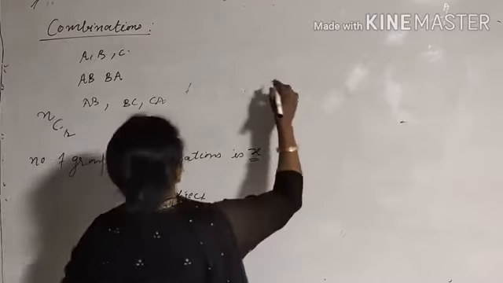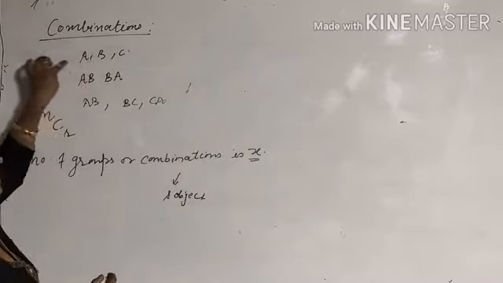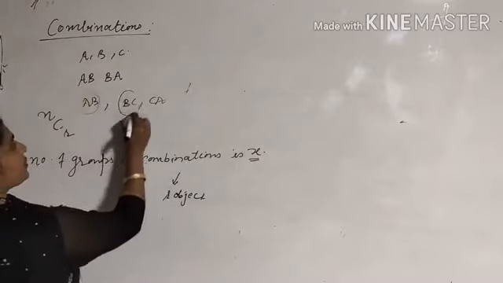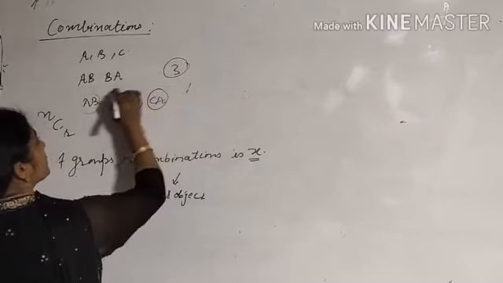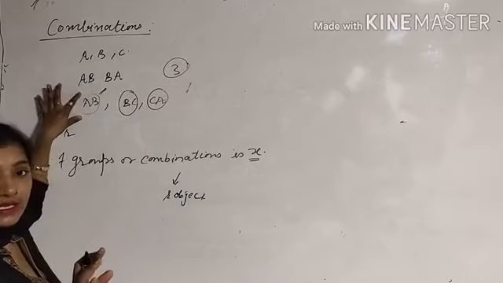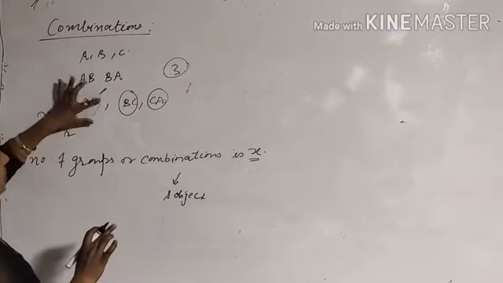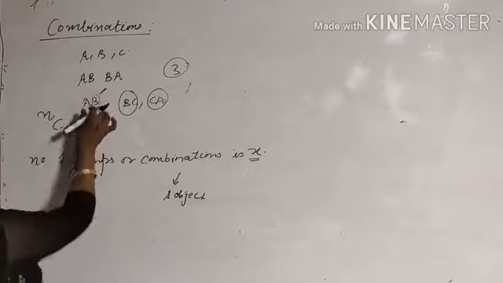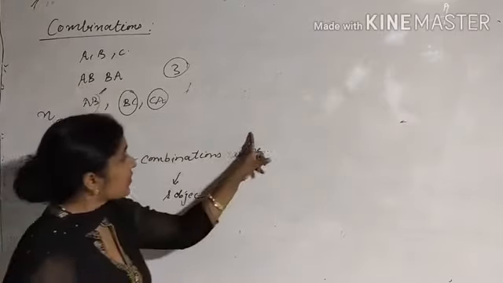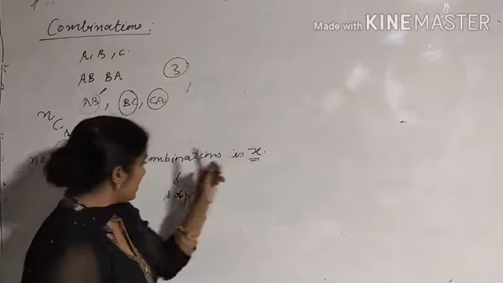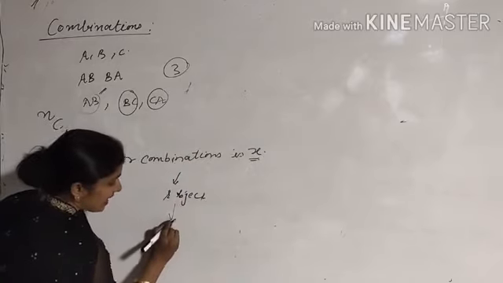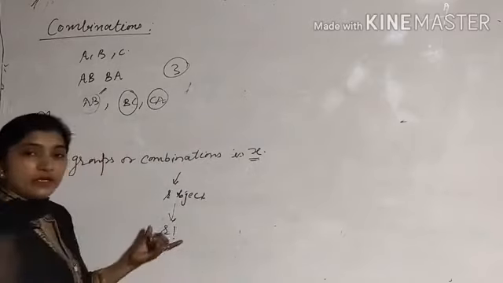Now each of these X groups contains R objects. Suppose we have three objects and we want to make a group of two. The number of groups is 3, and each group has 2 objects. Each of these groups, as it has 2 objects, gives rise to 2 permutations. So each of the X groups contains R objects, and each gives rise to R factorial permutations.